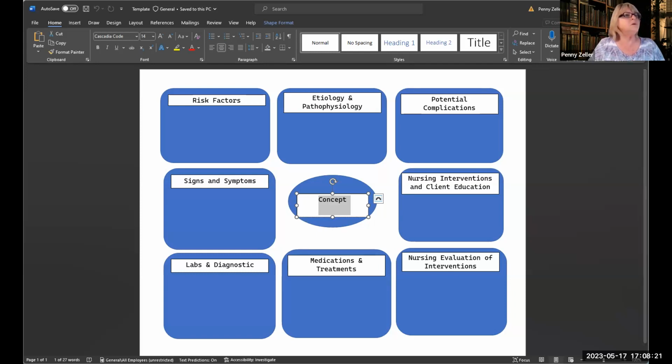So what you can do is get rid of this. Take a picture of it with your phone if you don't have a copy of it somewhere, or do a screenshot, and let's break up into groups. And I don't care which concept you use.